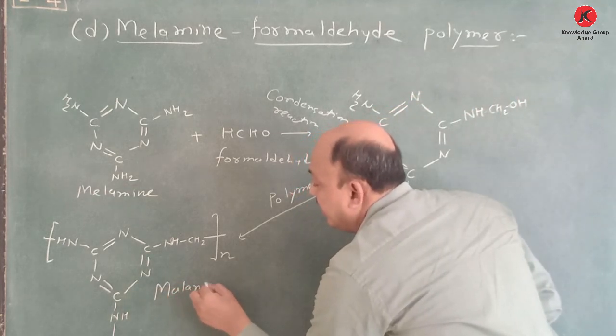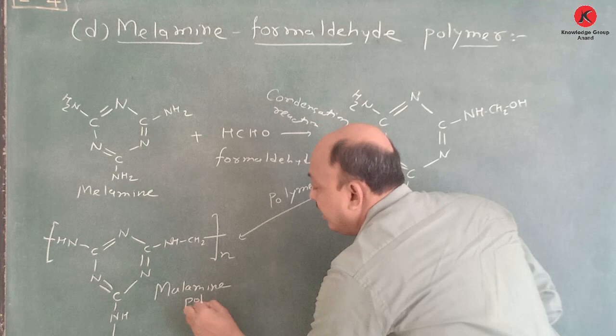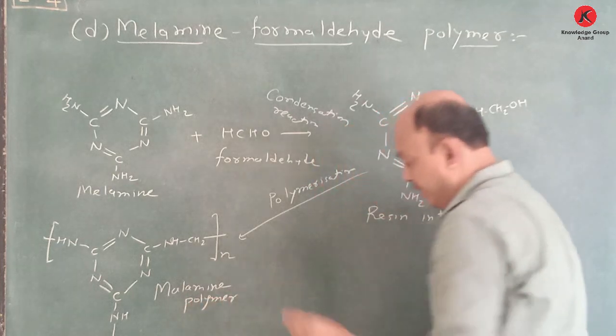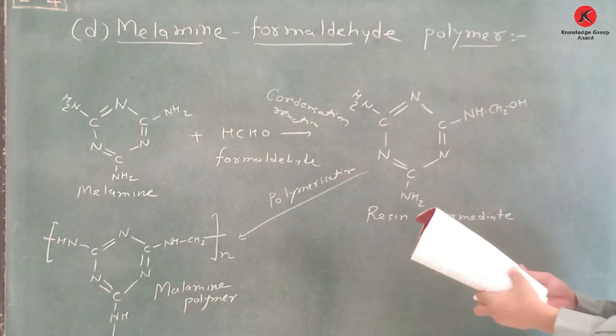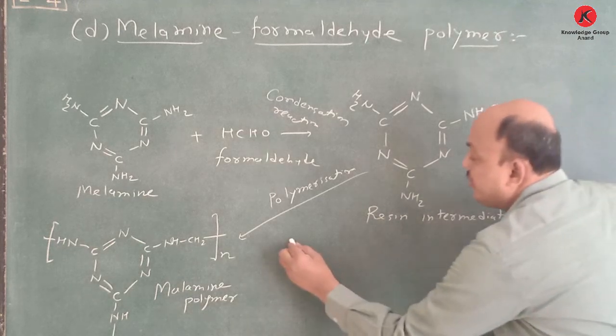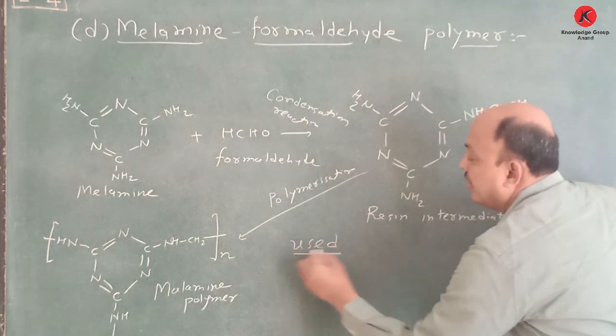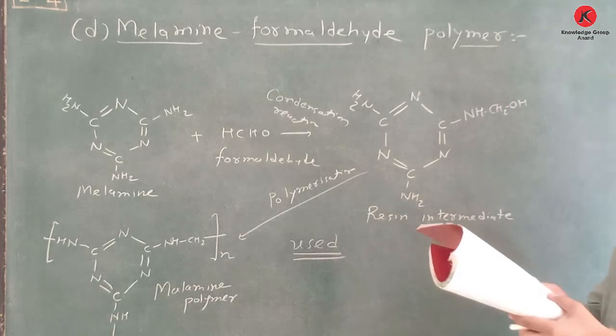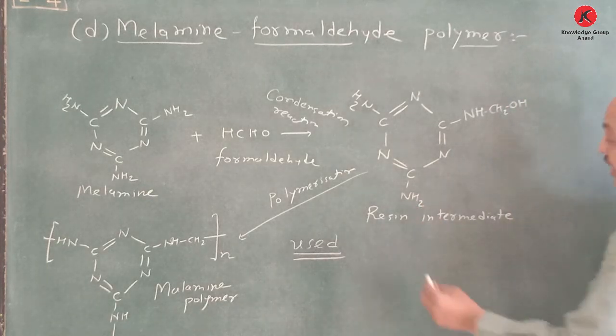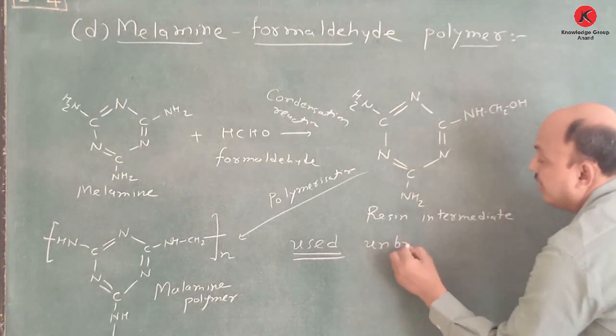Melamine polymer. Okay. It is used in the manufacture of unbreakable crockery.